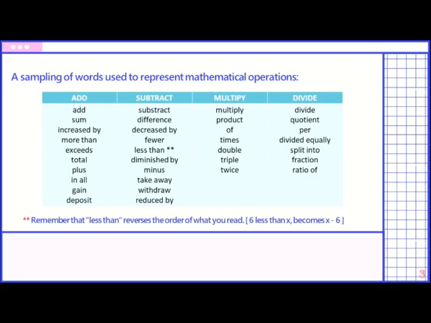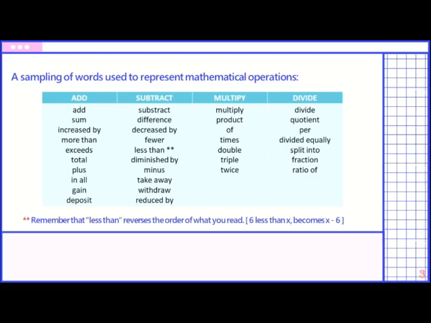For add, words like sum, increase by, more than, exceed, total, etc. For subtract, like difference, decrease by, fewer, less than, etc. For multiply, like product of, times, double, triple, etc. And the last, divide, words like quotient, per, divided equally, split into, etc.